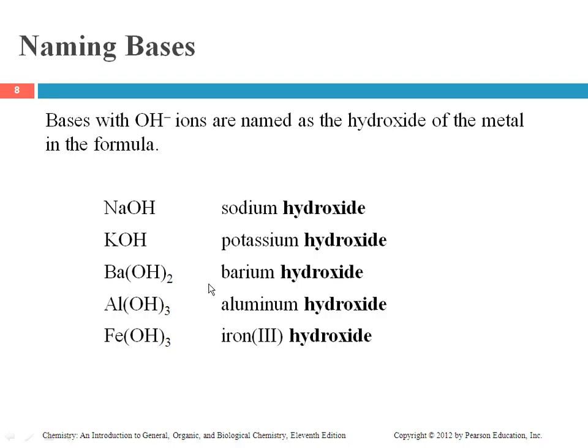Barium hydroxide, aluminum hydroxide. The only time it changes is when you have a transition metal here. You have iron, and we have to put its oxidation state in Roman numerals. Okay, so this 3 here actually represents the oxidation state of iron, but we still end in hydroxide.